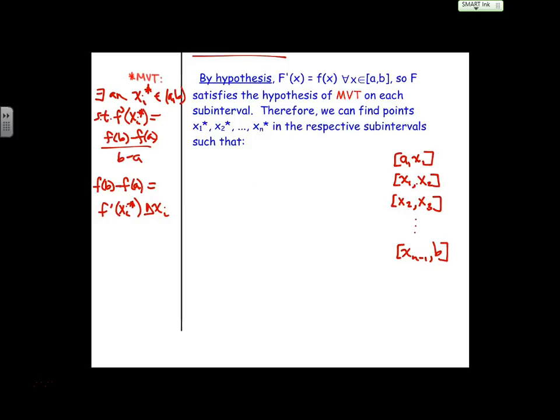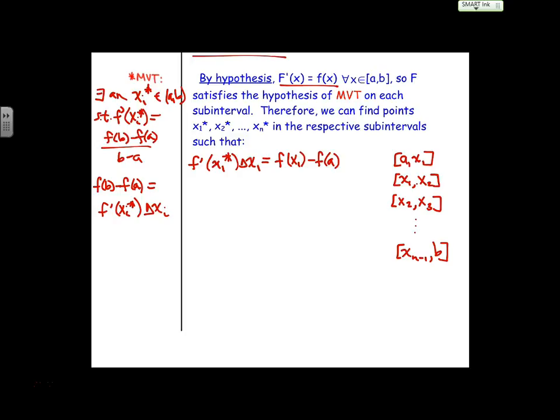So the fundamental theorem of calculus pulls out of the following. On the first subinterval, f prime of x sub 1 star times delta x sub 1 is equal to f of x sub 1 minus f of a.